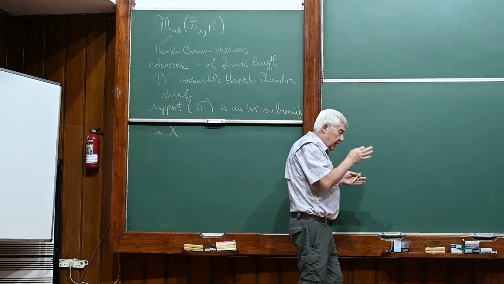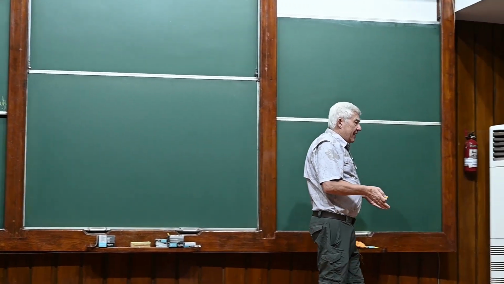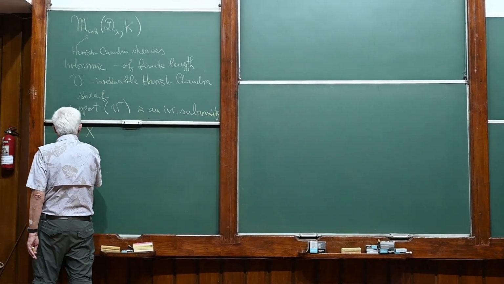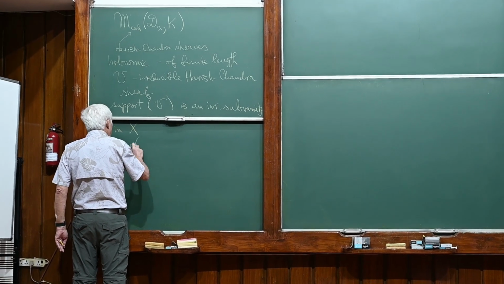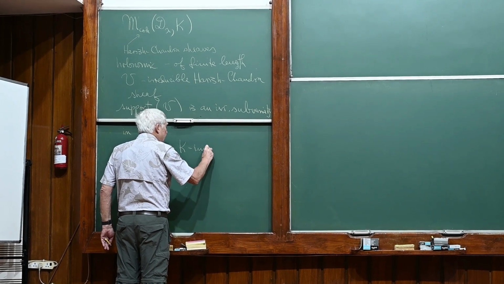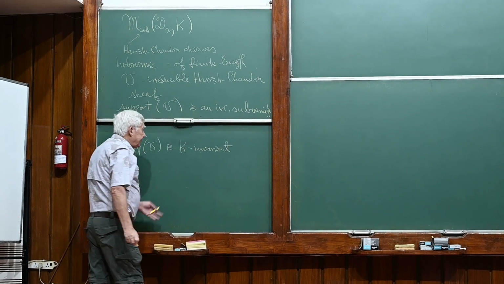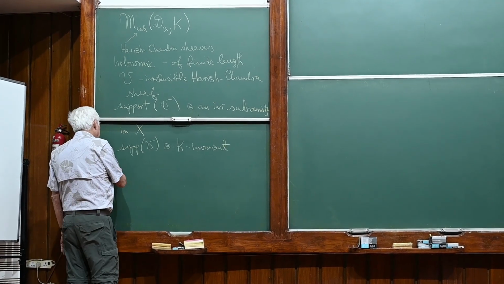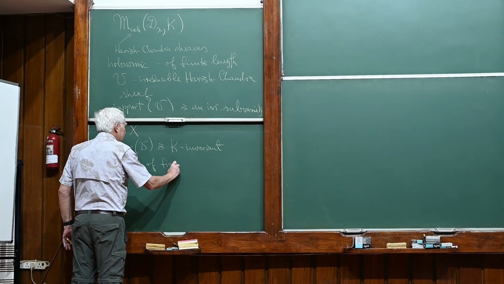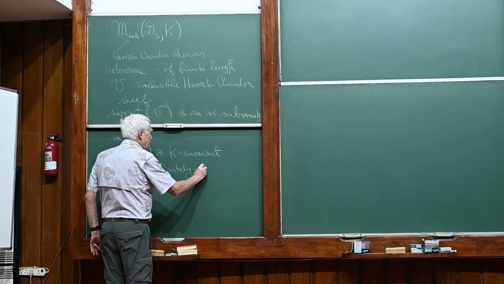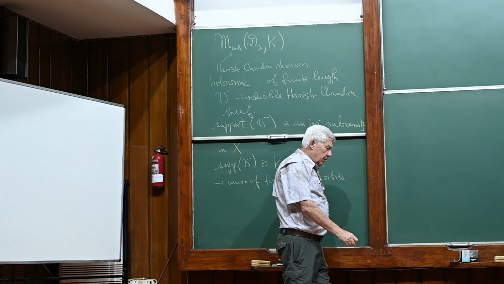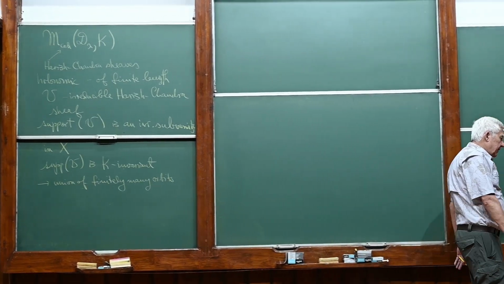On the other hand, our Harishchandra sheaves are K-equivariant, so this support is K-invariant, and since we have finitely many orbits, it's a union of some subset of these finitely many orbits.